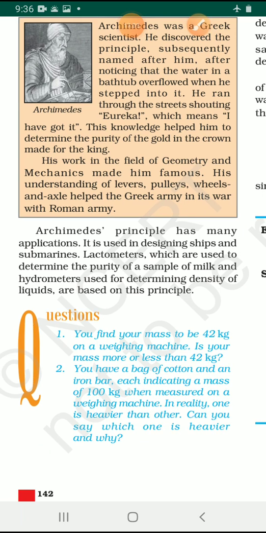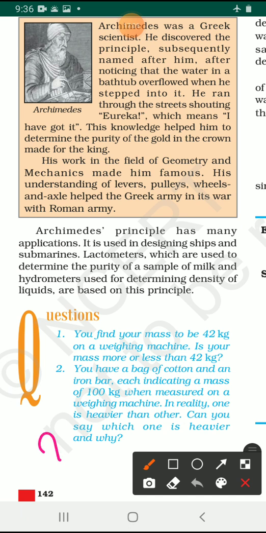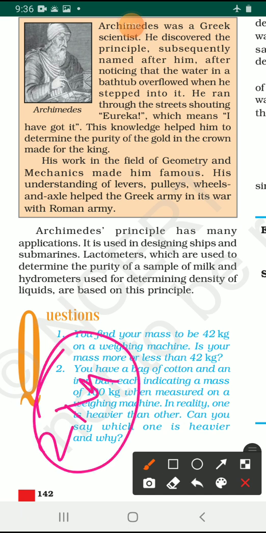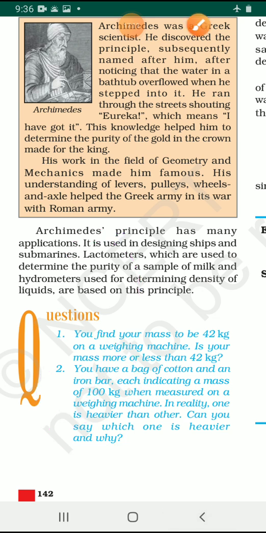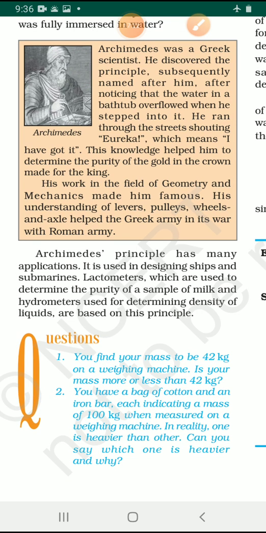Here we can get a 2 mark question again: what are the applications of the Archimedes principle? The Archimedes principle is used in designing ships and submarines, and it is used in the lactometer. A lactometer is a device through which we can measure the purity, or density, of milk. It is also used in hydrometers.